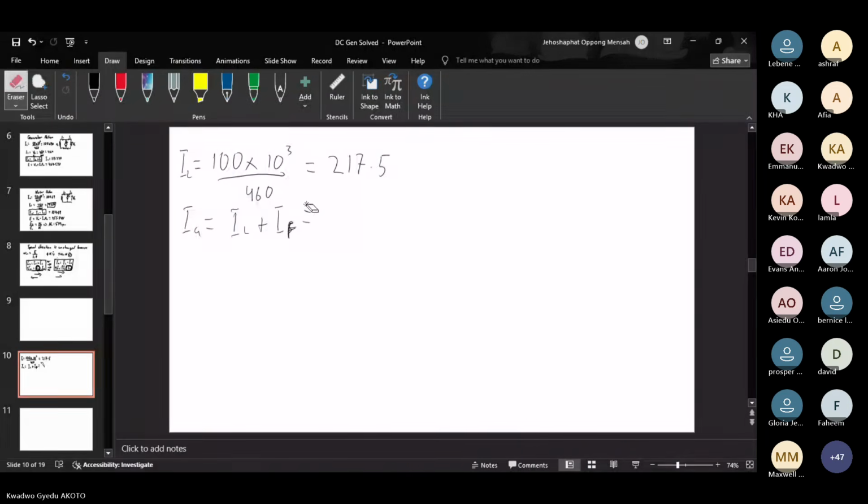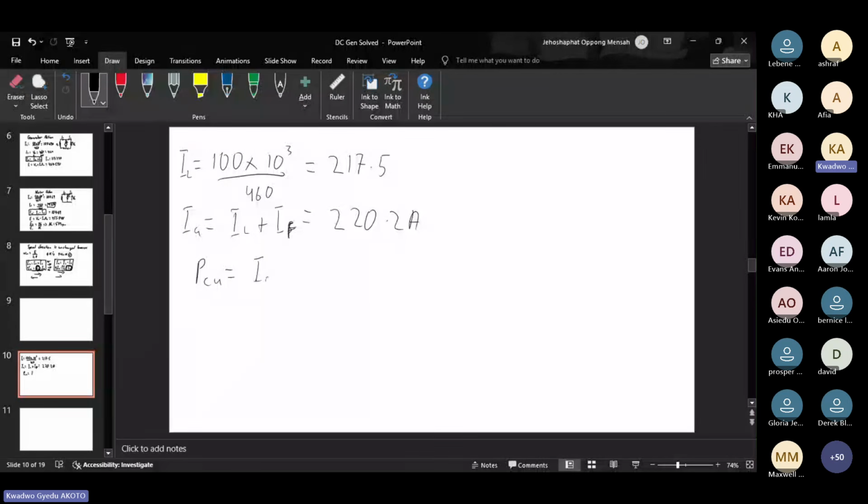So at full load, copper losses in our armature is going to be IA squared R, right? Copper losses is I squared R losses. So IA squared R, we have our armature resistance given, we have it here.